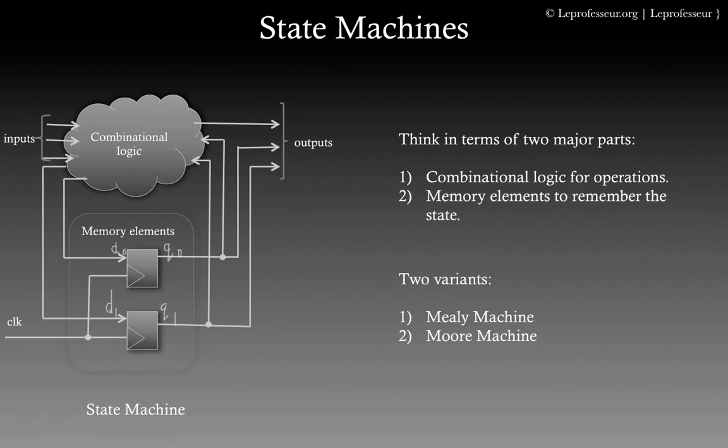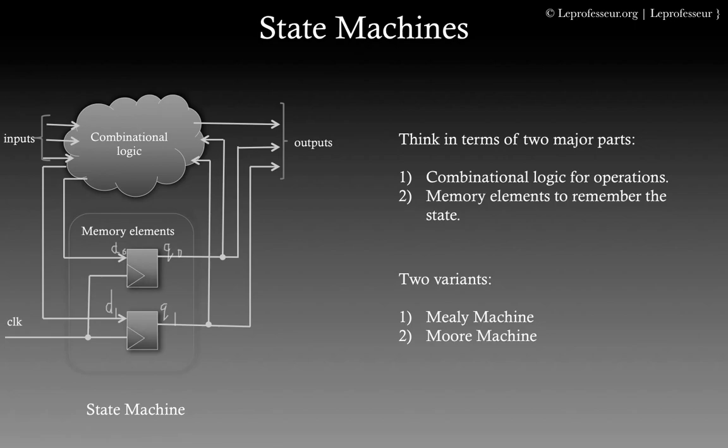There may be other variants, but more or less they are based on these two major distinctions: Mealy machine or Moore machine. You may mix up these two variants, but at a fundamental level, we talk about Mealy and Moore machines. So we're going to be looking at these two machines with some examples.